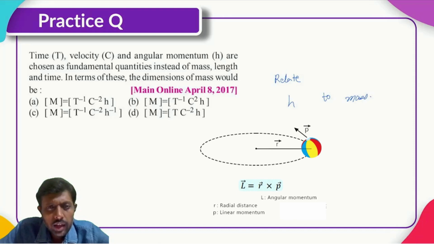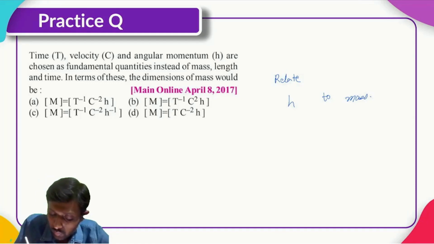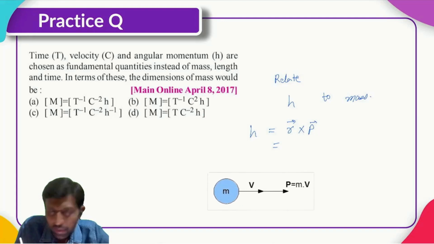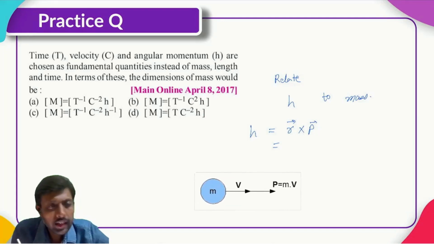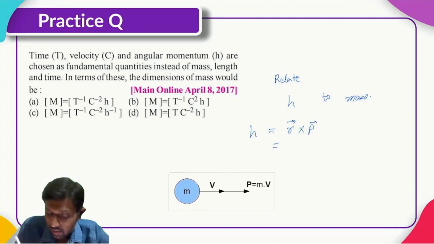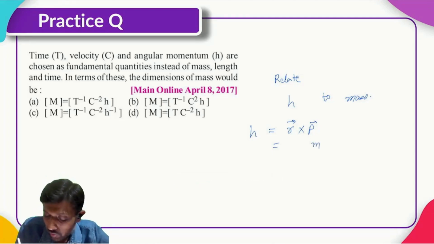Well, we know how angular momentum is related to linear momentum, don't we? We know that angular momentum is given by r cross p, where p is the linear momentum and r is the radius vector. P, which is the linear momentum, has mass in it, isn't it? So radius into mass into velocity.